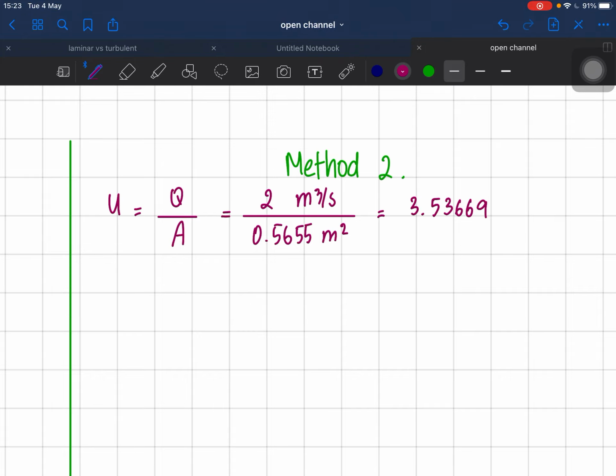Oh, we find the RH, right? So RH here is 0.3 to the power 2/3, 0.44, times 0.5655.